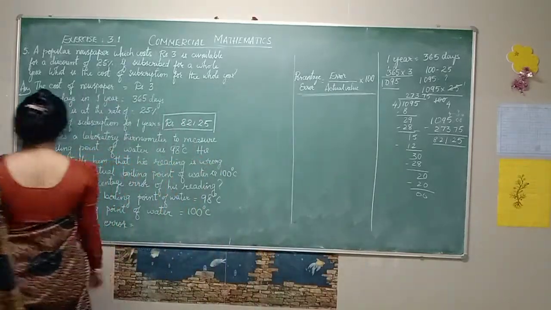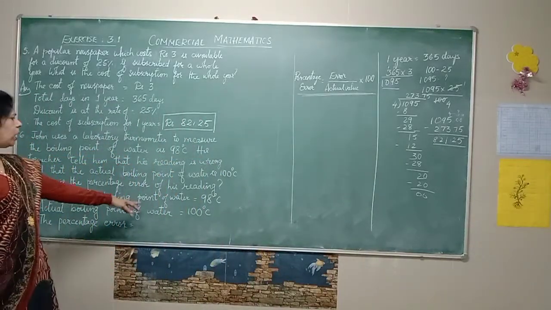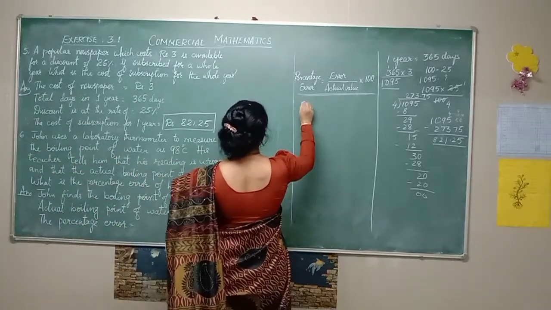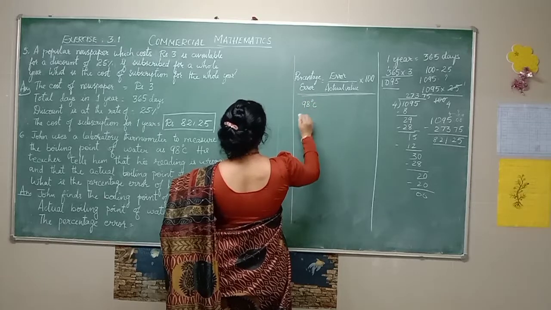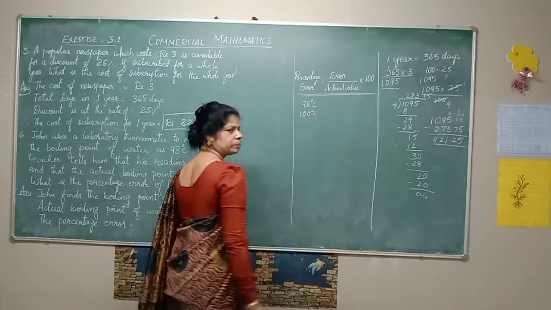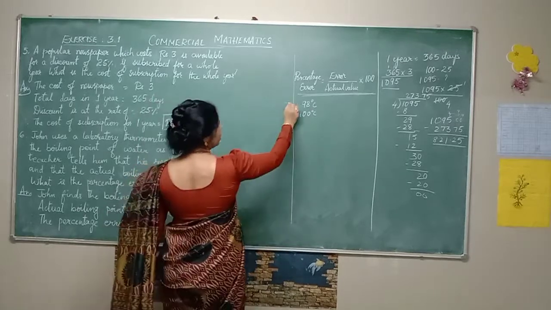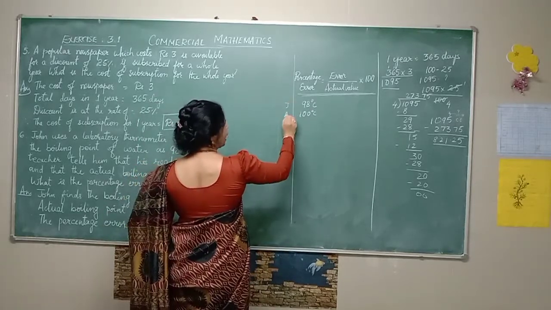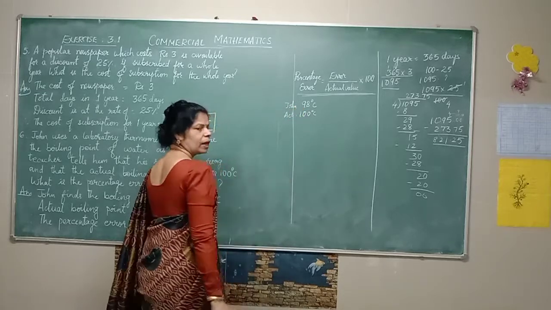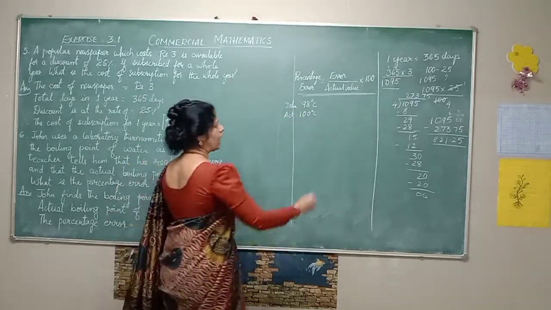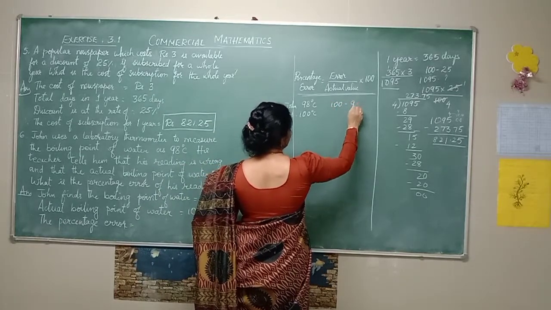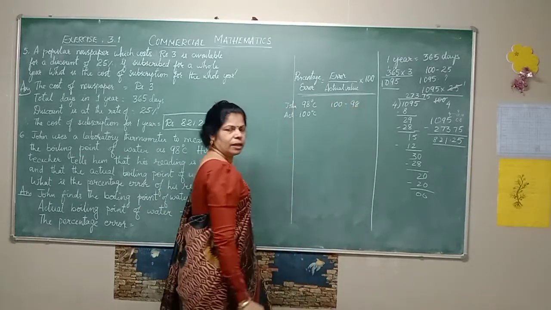Now you see, John's boiling point was how much? 98 degrees Celsius. He has found it as 98 degrees Celsius, but actual is 100 degrees Celsius. This is John's finding and this is actual. For 100 degrees Celsius, he has found it as 98, isn't it?